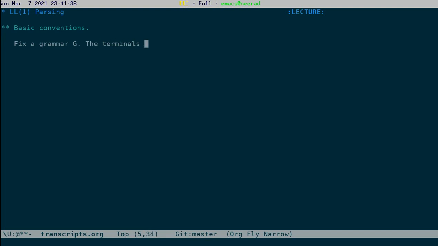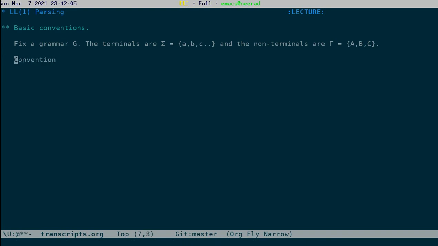of this grammar are sigma equal to a, b, c, etc. And the non-terminals are gamma equal to A, B, C, etc. Okay.